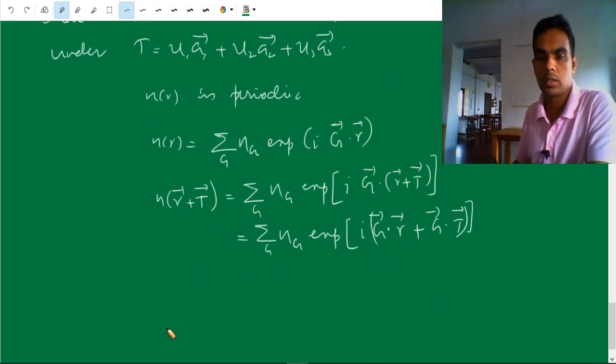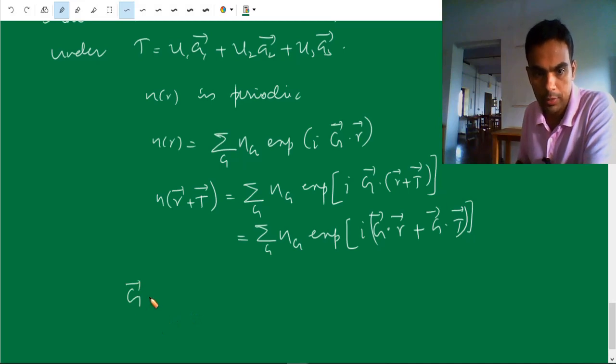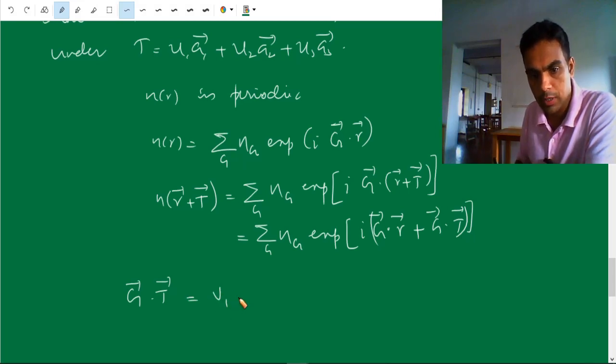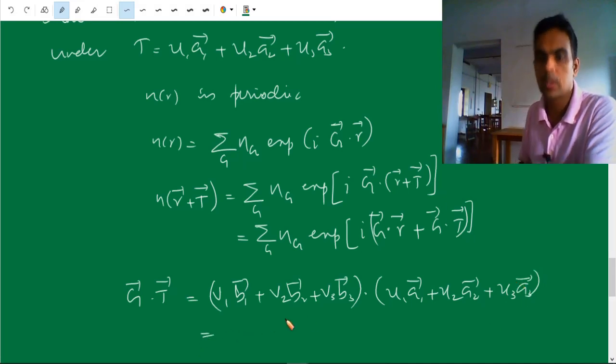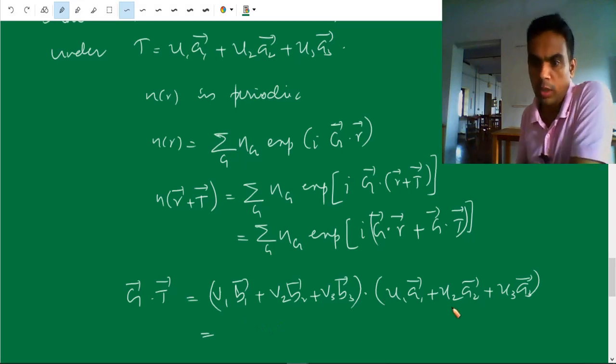So what is G dot T? G vector dot T vector is equal to (v1 b1 plus v2 b2 plus v3 b3) dot T. We know b1 is orthogonal to a2 and a3.